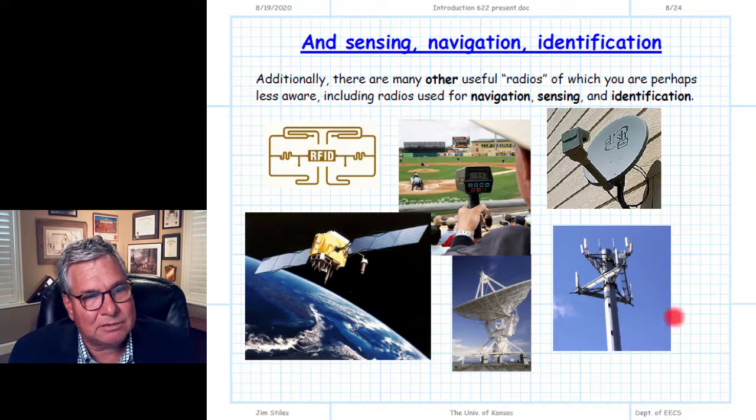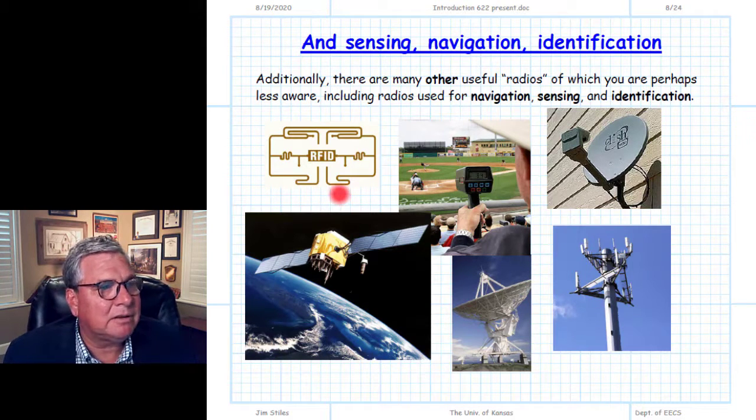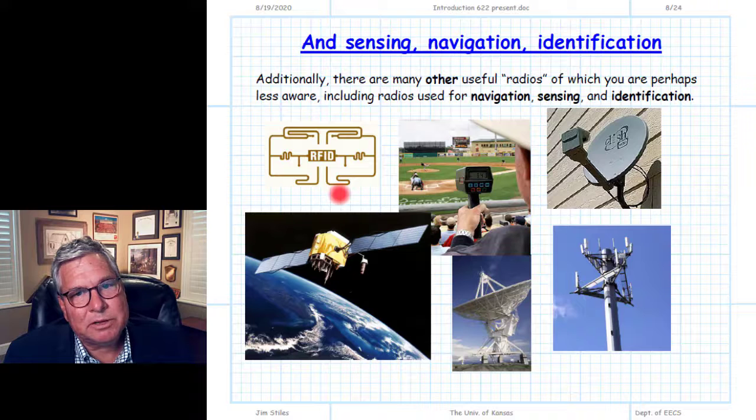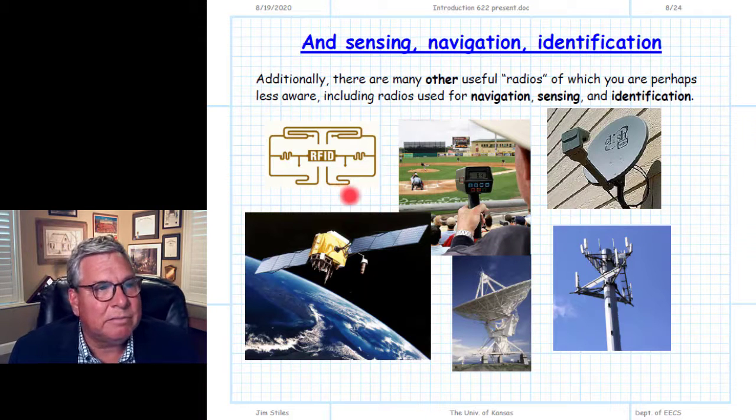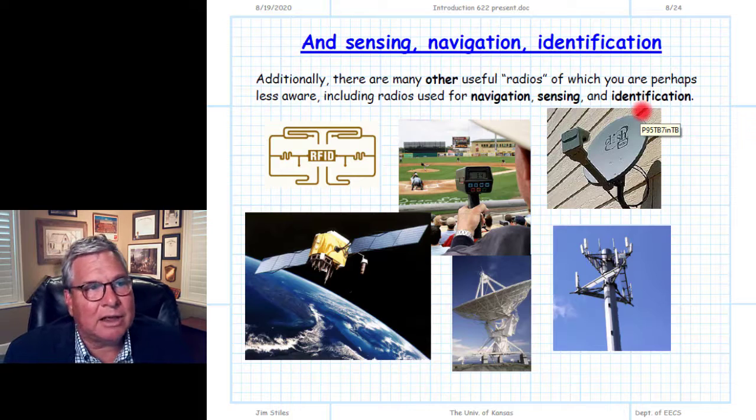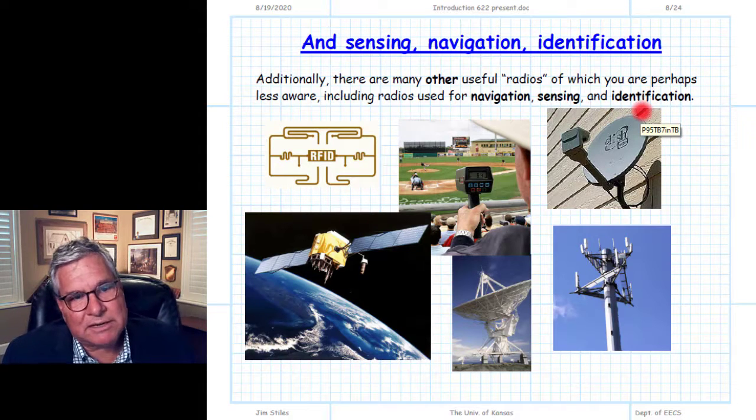Ultimately, these are radio transmitters and receivers at the top of the towers. RFID is another application that requires a transmitter and receiver. So there are a lot of applications beyond consumer products, involved with navigation, sensing, and identification, that likewise use radio frequency technology.